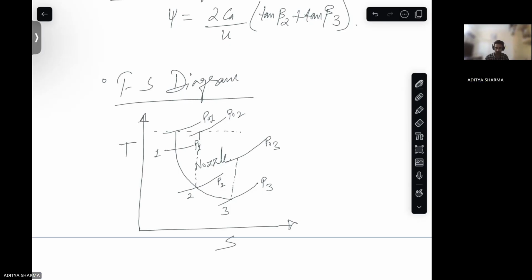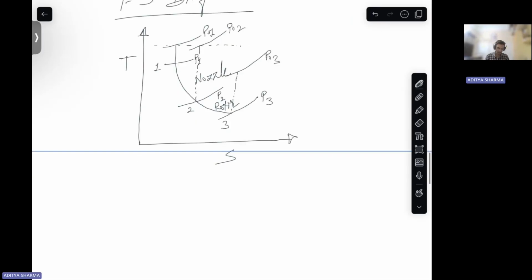So this is the TS diagram for your axial flow turbine.